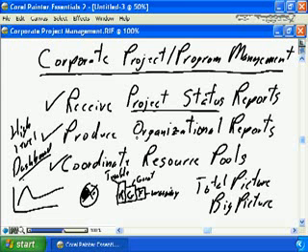So as I said, a very common aspect to the PMO is this corporate wide-level view of project program delivery to ensure that the big picture is known throughout the organization.